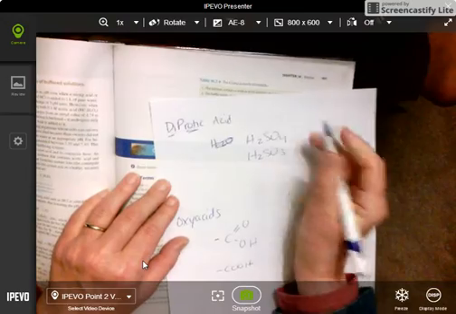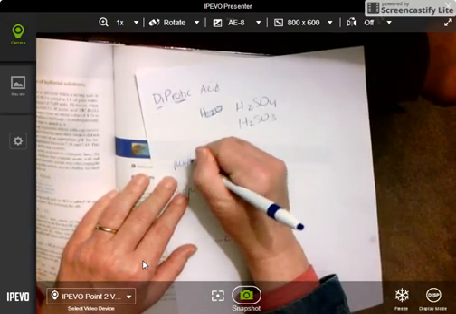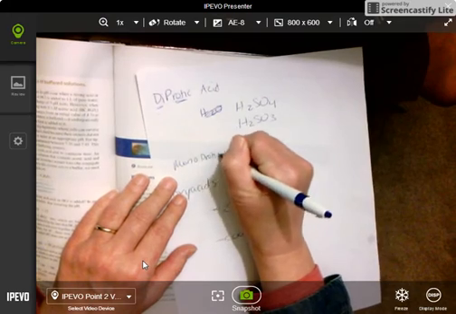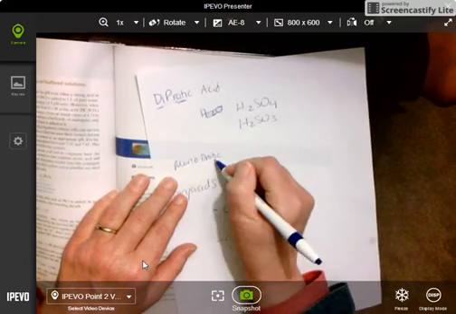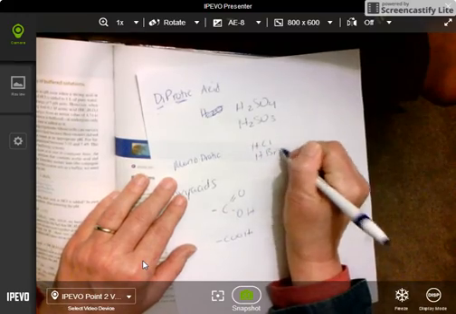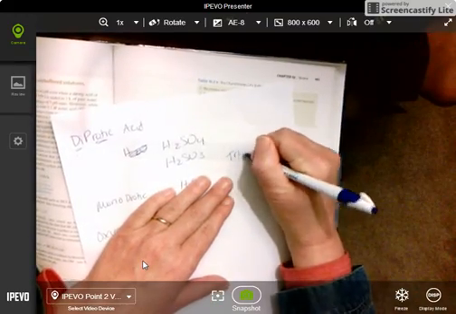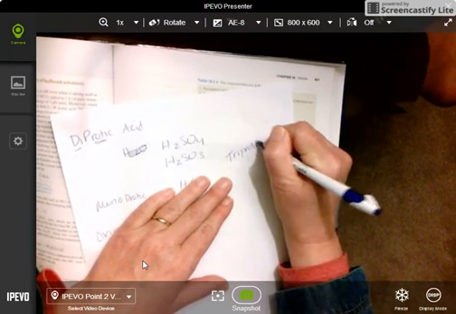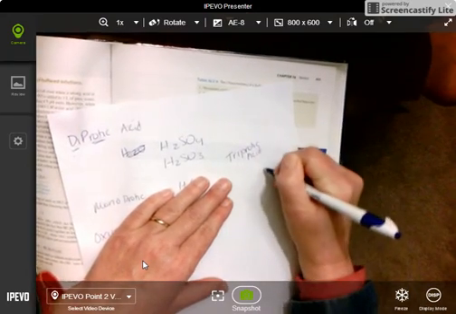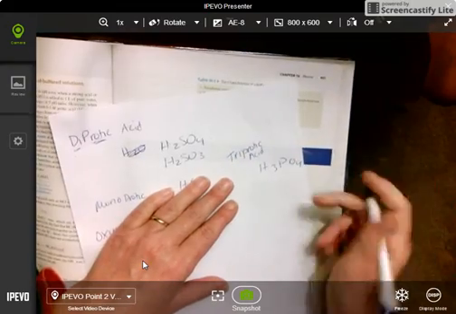Now again, it's not in the book, but I would think you would know this, so you should be able to figure out what a monoprotic acid is. Something with one proton, like HCl, HBr. And because you're so smart, what would be a triprotic acid? Something with 3 protons, H3PO4, phosphoric acid, and phosphorous acid.